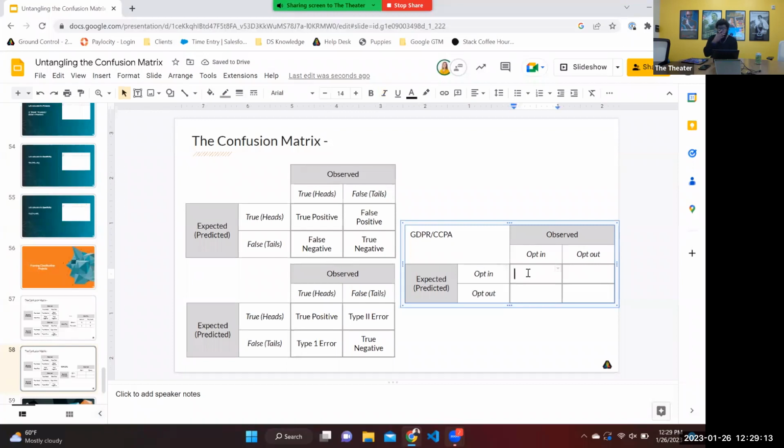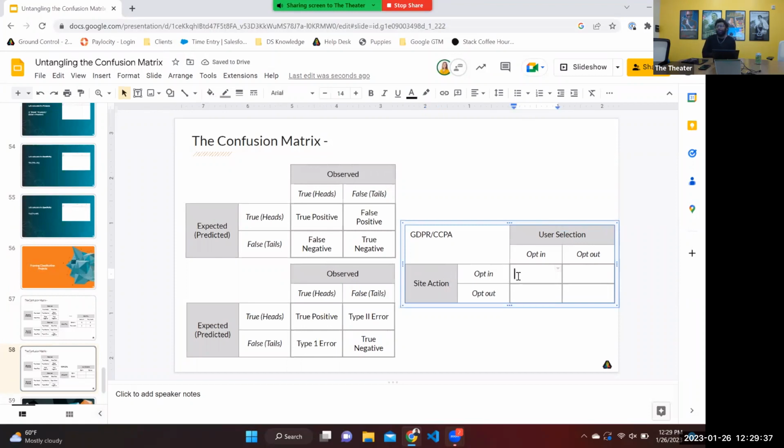As we're looking at this, we'll have to frame this again because expected and observed don't quite work out, but it's going to say user selection, and then we'll call this site action.